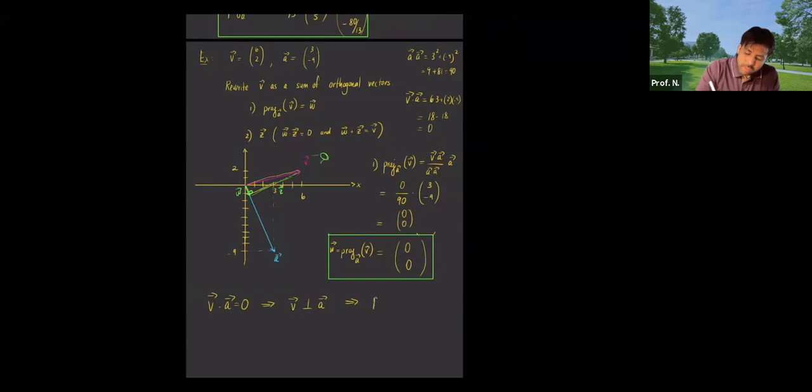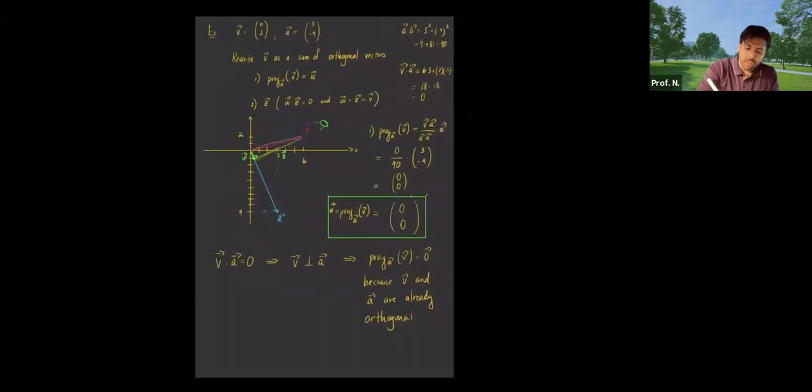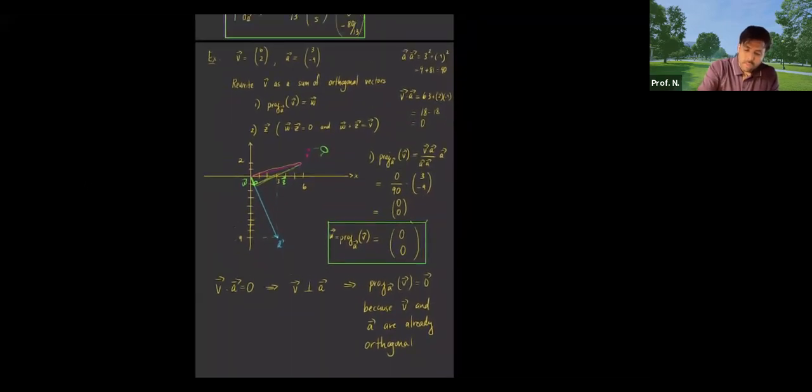The projection of V along A is already the vector 0 because V and A are already orthogonal, as we saw with the dot product. The dot product gave me 0, so the two vectors are orthogonal. So let me reattempt this question that I want to give you guys.